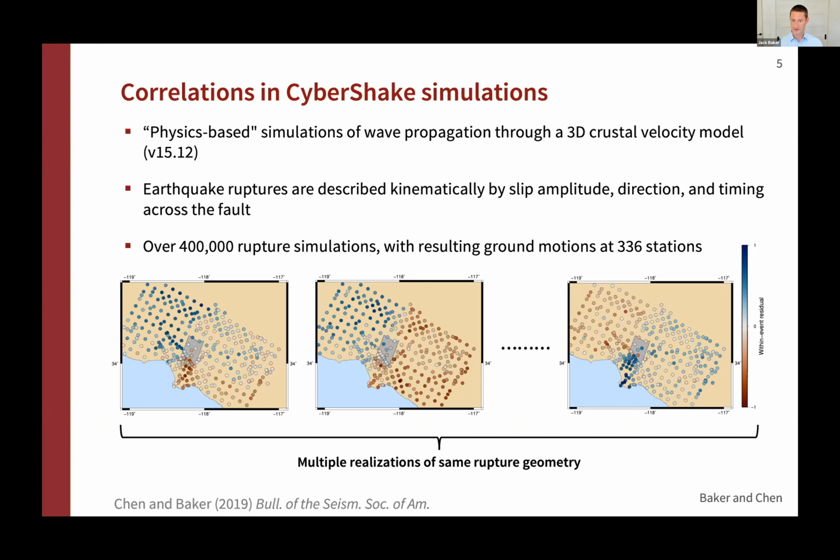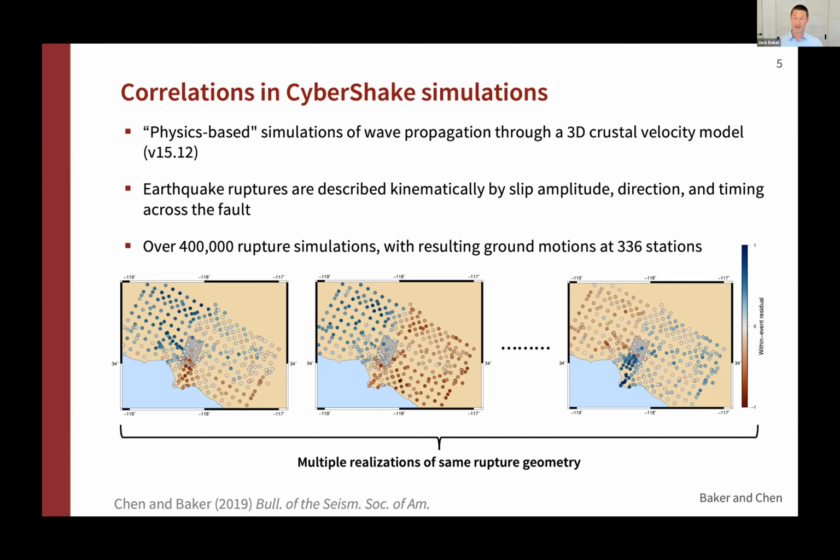And these are 3 of many realizations of a Puente Hills rupture underneath downtown Los Angeles. We've got on the order of dozens of simulations of the same rupture geometry, where just the slip amplitude, direction, timing, and spatial variability are randomly sampled, but the geometry of the source and the magnitude of the event are held fixed. And for each of these earthquake simulations, we can observe the ground motion amplitudes.